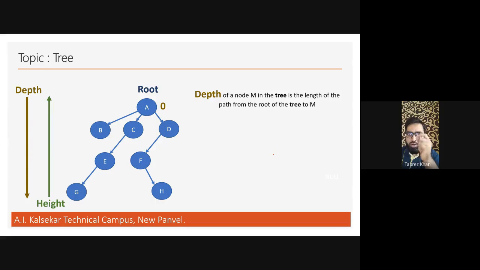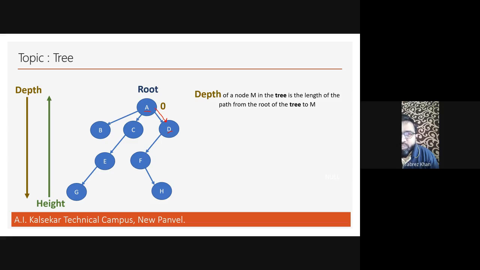If you see the path from your root node, that is A, to a node D, I want to find the depth of D. So I will move from the root node and come to the node D. The path from the root to D is this path.